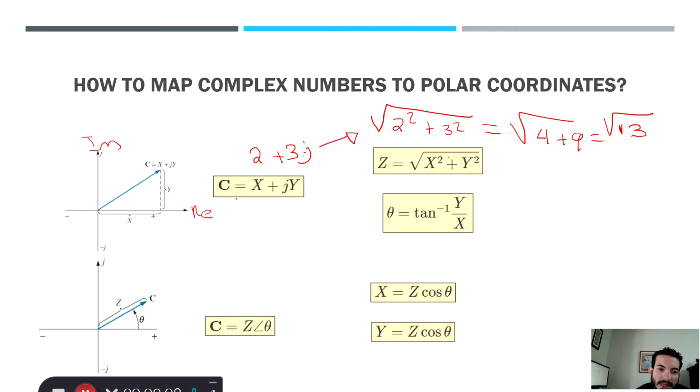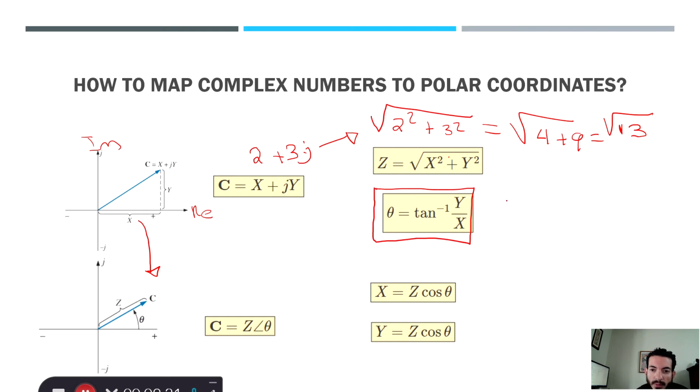If you want to transform this number from rectangular coordinate systems to polar coordinate systems, then what you need to do is find the radius or the magnitude and the angle. The angle is found using tangent inverse.